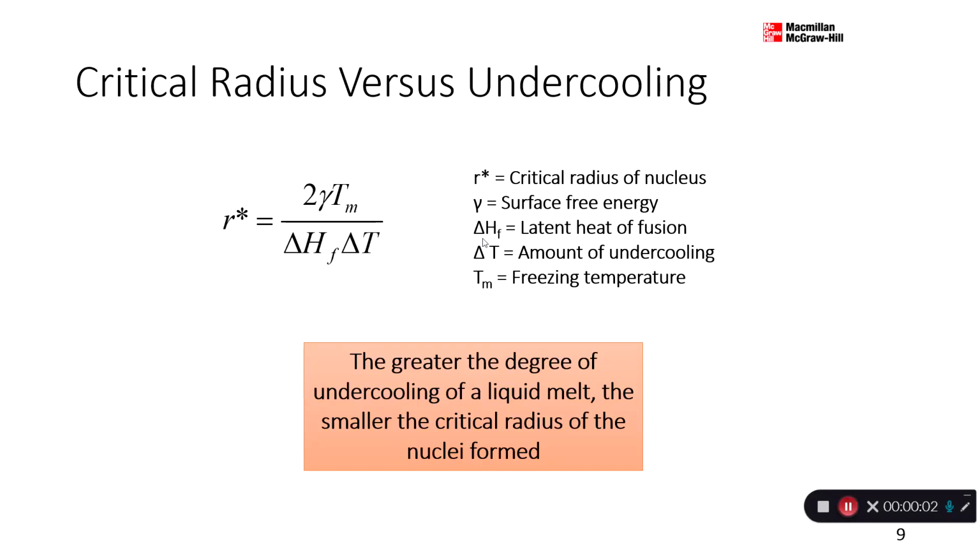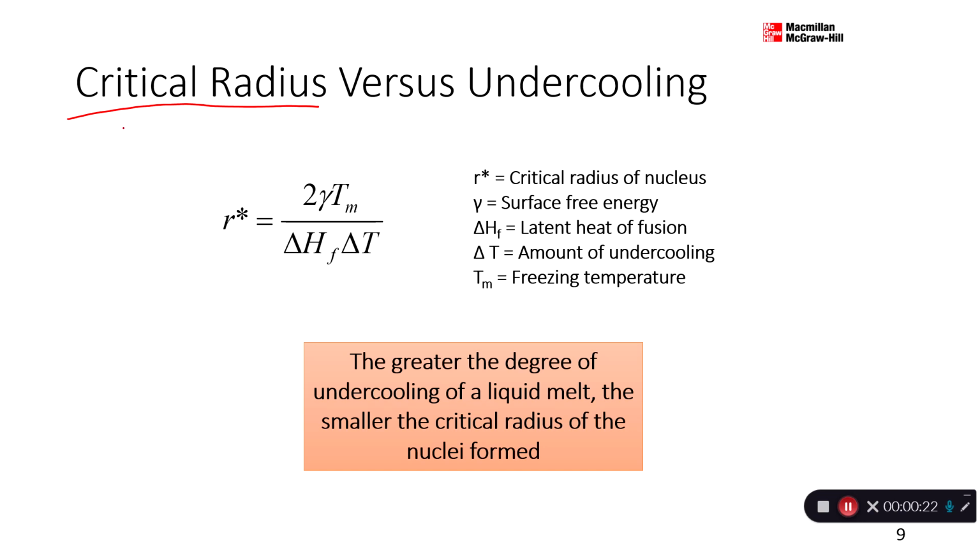Okay, in the previous video, we learned about the nucleation process, part of the solidification of metals. One of the things covered under the nucleation process was critical radius. You should remember this term, critical radius.